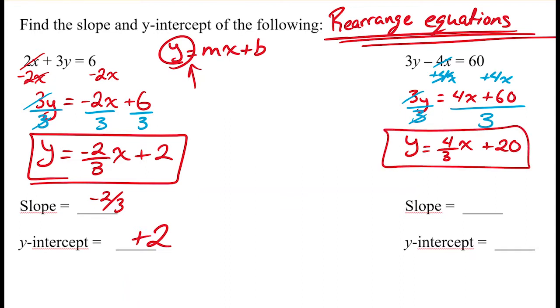So that's in y equals mx plus b form. What's the slope? Well, the slope is always the coefficient on the x, so 4/3. And the y-intercept is always the constant, so the y-intercept is positive 20.